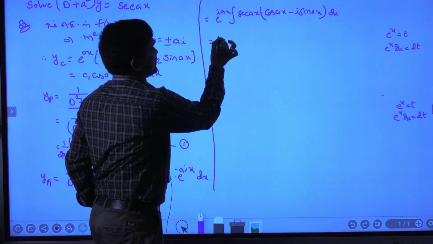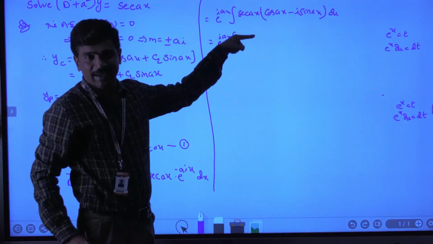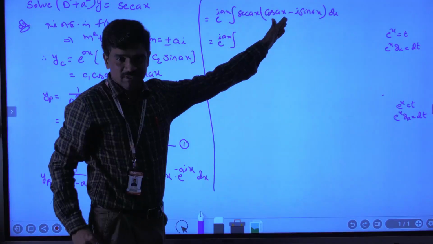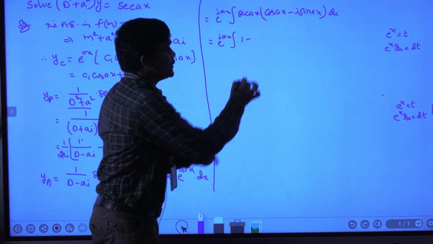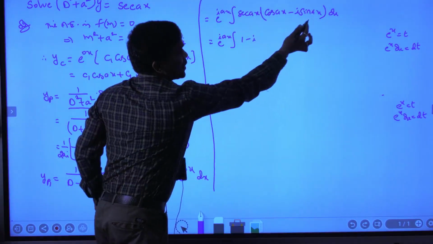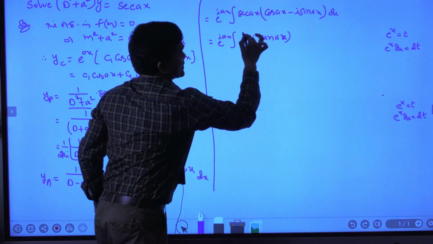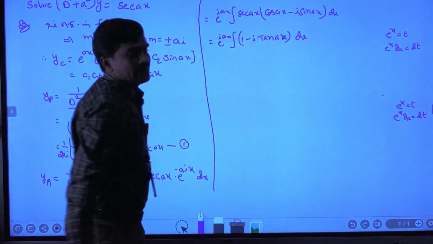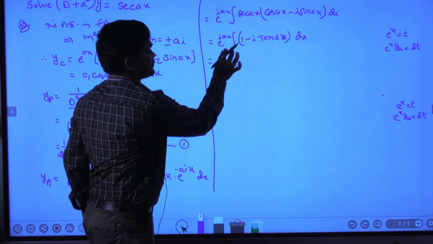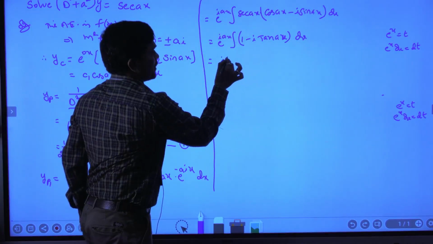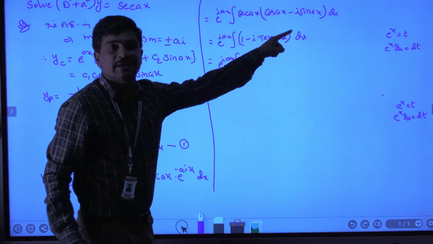Now simplifying this, e power iax into integral of secant, which is 1 by cos, multiplying with this function, cos cancels, and we get 1 minus i sin ax by cos ax. Sin ax by cos ax is tan ax, so integral of 1 minus i tan ax dx.